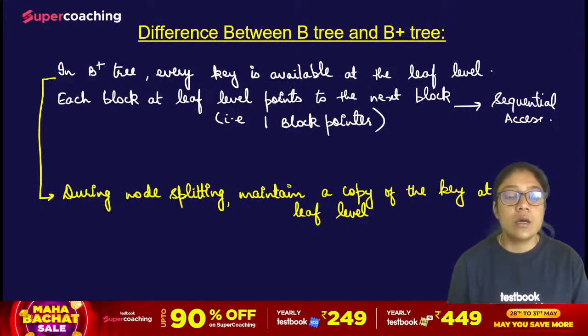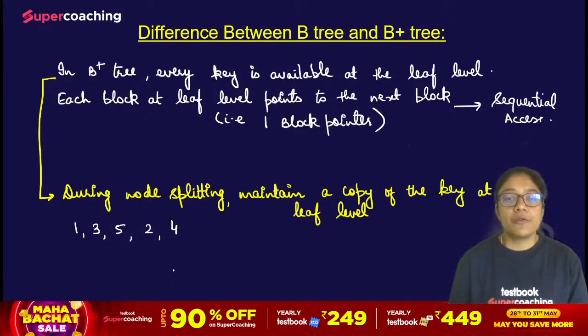For example, I want to insert the elements like 1, 3, 5, 2, 4, something like this. So first of all, within a node, all the keys will be in the ascending order.